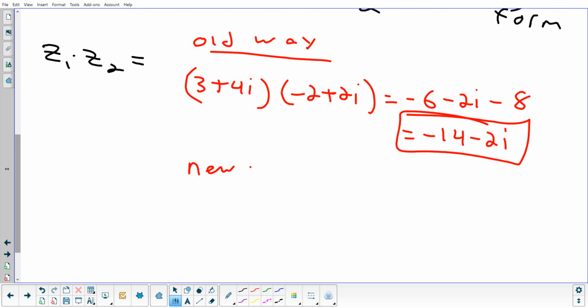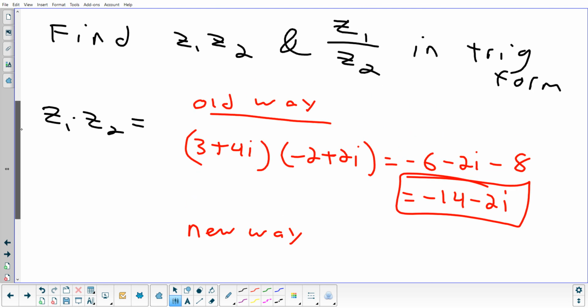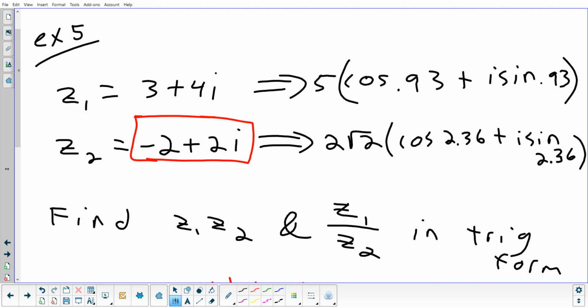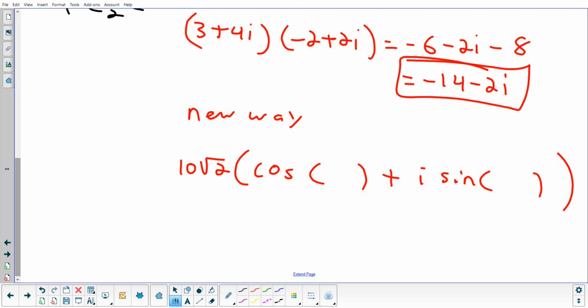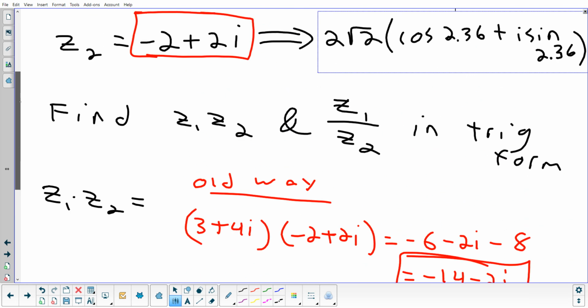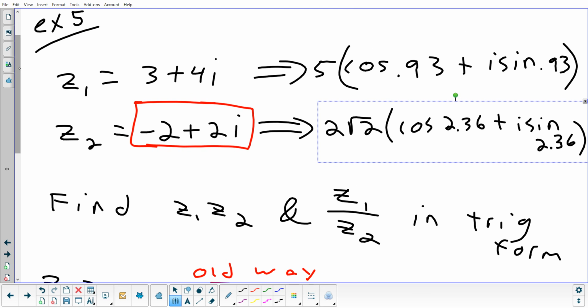So the new way, all we have to do is multiply these two radii together. What's 5 times 2 root 2? 10 root 2. Let's just leave it like that. So 10 root 2 cosine, we're going to fill in an angle, i sine, and we're going to fill in an angle. To multiply these two together, what am I supposed to do with my angles?